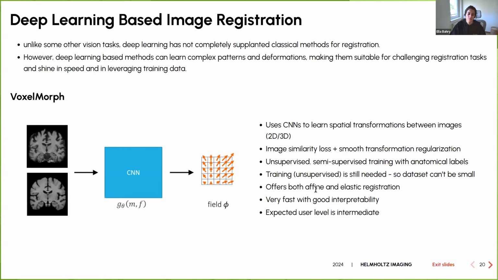And it offers both affine and elastic registration. So you can first do an affine transformation and then do elastic deformations. And as I said, it's very fast, and it has an advantage that not many deep learning approaches have, where it's highly interpretable, because your result is the deformation fields of how to move the images, and you can easily see if it's correct or not.